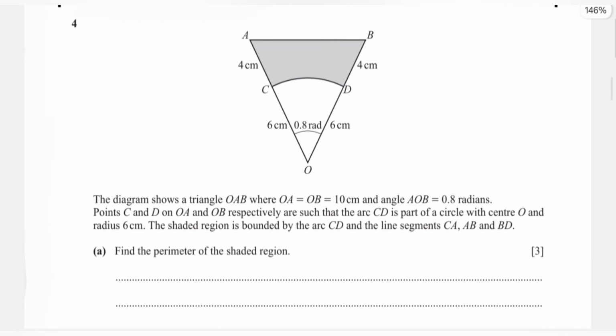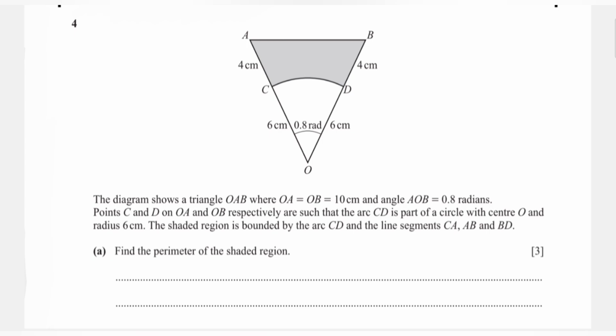which is saying the diagram shows a triangle OAB where OA is equal to OB, which is equal to 10 centimeters, and the angle AOB is 0.8 radians. Points C and D on OA and OB respectively are such that the arc CD is part of a circle with center O and radius 6 centimeters.